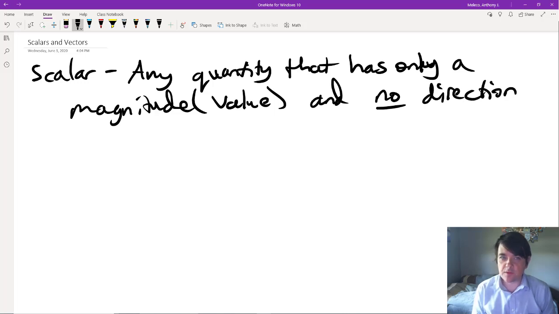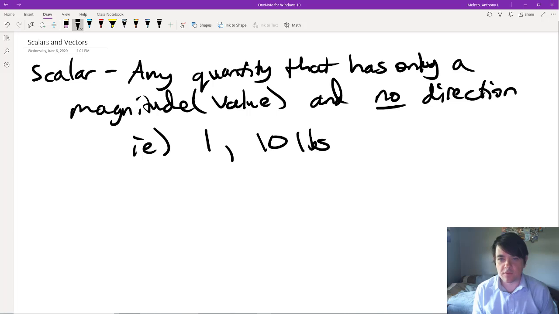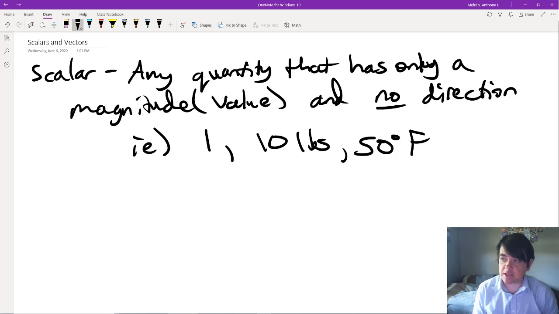This is something you're probably familiar with in everyday life. They're typical numbers, 1, 2, 3, 4, 5. They're all just scalars. Your weight, like 10 pounds, is a scalar. It's only got a value, it doesn't have a direction. Temperature is another example of a scalar.